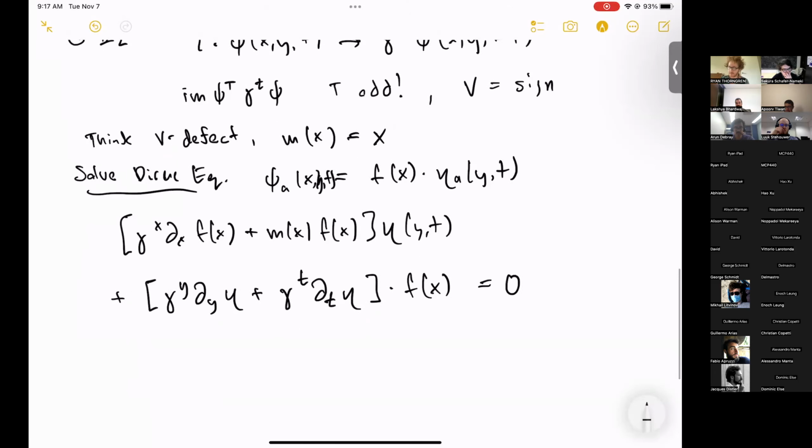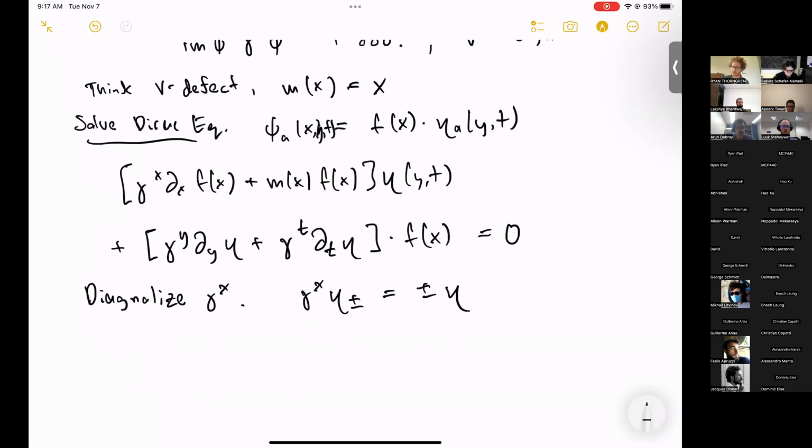So the idea is to diagonalize gamma x in the eta. So we're going to look at eta plus minus, which is the eigenvalue under gamma x. Gamma x's eigenvalue is plus or minus 1. Cool. So with this choice of eigenvalue, you can solve the first equation in the brackets there and find that f of x is essentially some constant times the integral, minus plus, where here's the eigenvalue.